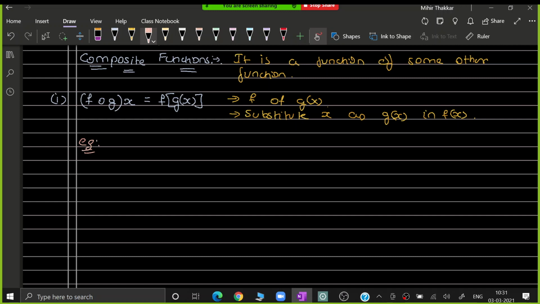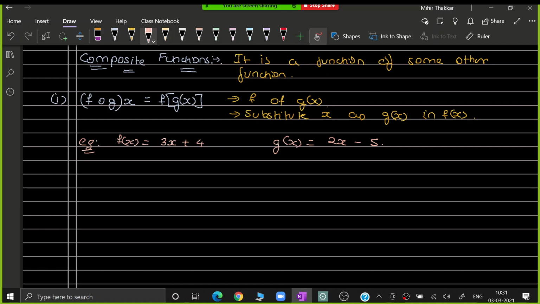Let us take a very easy one. fx, let me consider 3x plus 4, and gx, let me take it as 2x minus 5. So what do we do over here, guys? It's very easy.